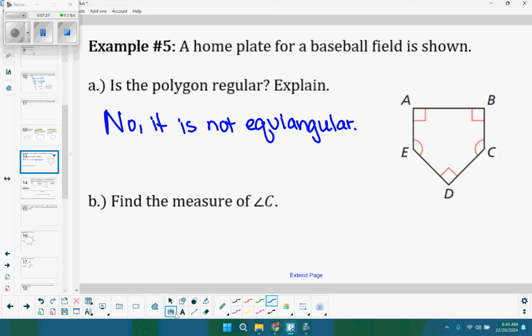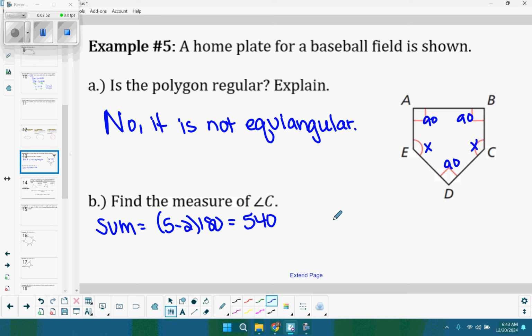Now they want us to find the measure of angle C. We know it's 5 sides because it's a pentagon, so the sum should be (5 minus 2) times 180, which is 540. We know each of these angles is 90, and we don't know either of these, but we know they're congruent because of the marks, so they're both x.